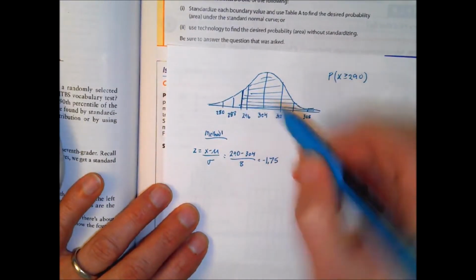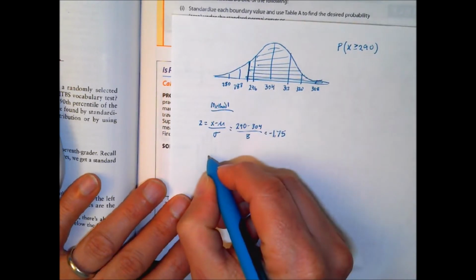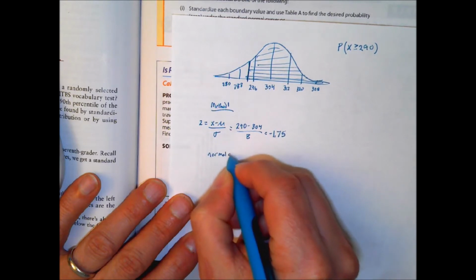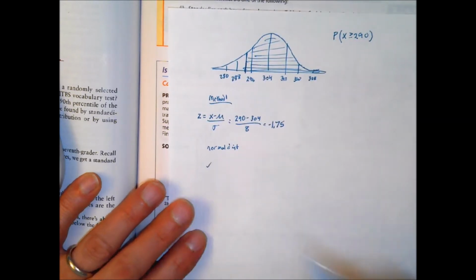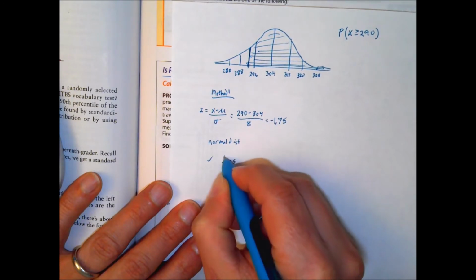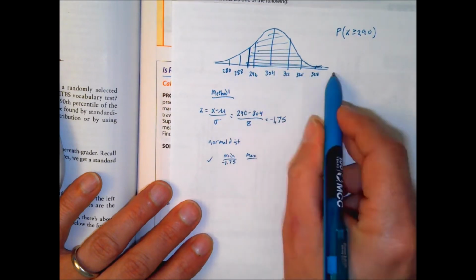Now with 1.75, I want to get up here. So now you can go on to Desmos and find the normal distribution. Remember, you check that box there, and we would have a minimum of negative 1.75 and a max all the way out through infinity.